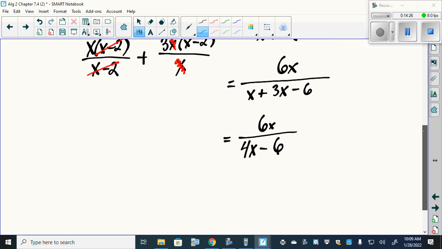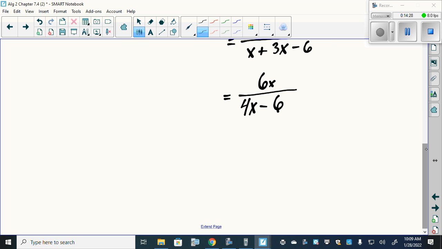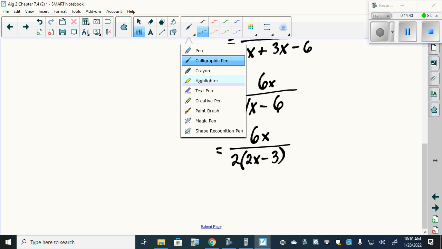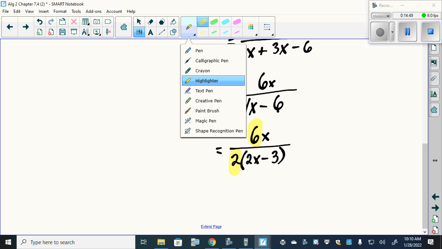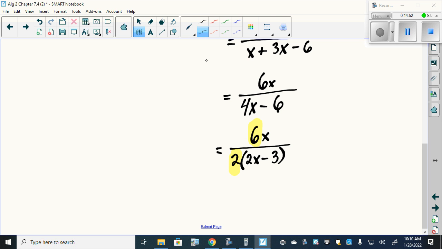Because if we look in the denominator, do they have a greatest common factor? 2 that I can factor out, which would leave me with 2x minus 3. And on top we have, well, the 6 and the 2 here can simplify, which would leave us what in the numerator?